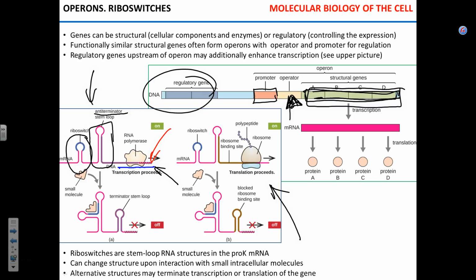Now, the anti-terminator loop means that the same mRNA that the DNA churns out already has a special structure that quote unquote tells the enzyme, keep going, keep going.